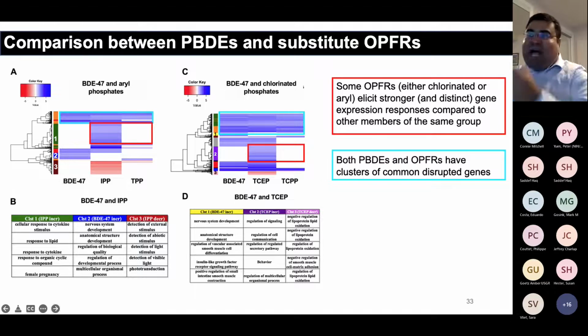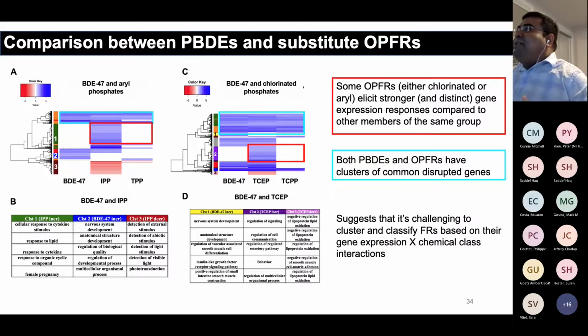In addition to that, we also see that several of the gene clusters were common to all three classes, either the PBDEs or the organophosphate flame retardants, suggesting that it's challenging to bin them according to their physicochemical classes.